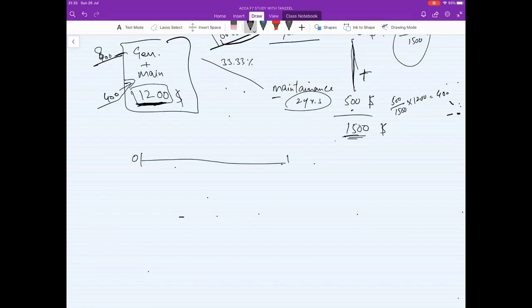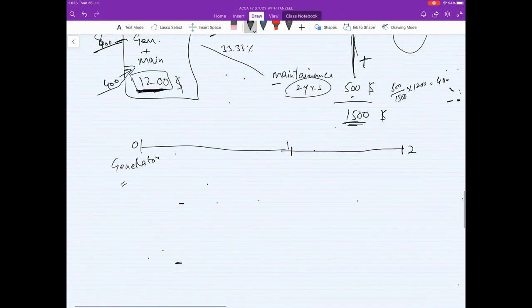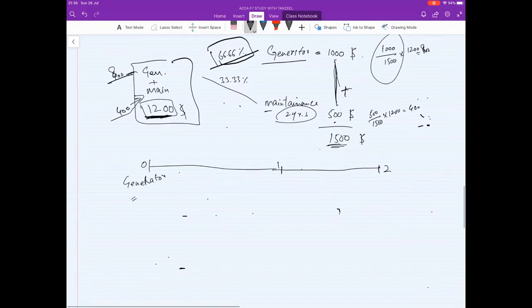It means if I can show you here, 0, year 1 and year 2. Here I sell the generator and I give you the generator, so I can book the revenue now.